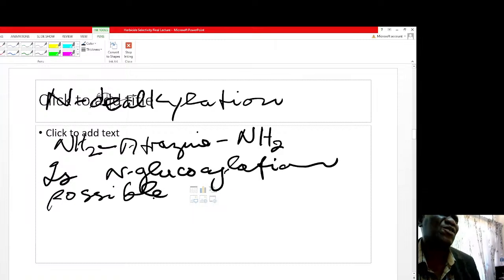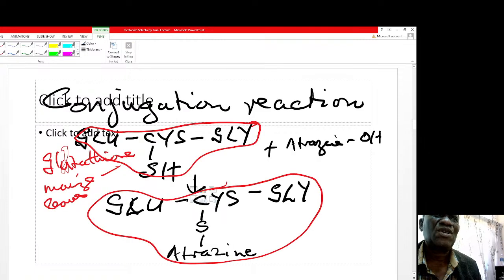Of course, the main detoxification process is glutathione joining this atrazine, and here I must also emphasize that we have a GST enzyme.